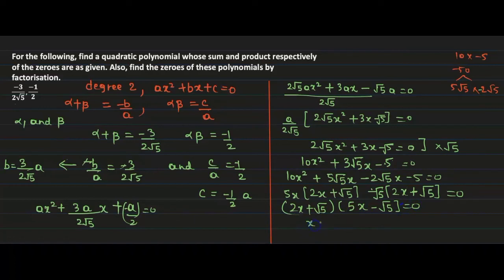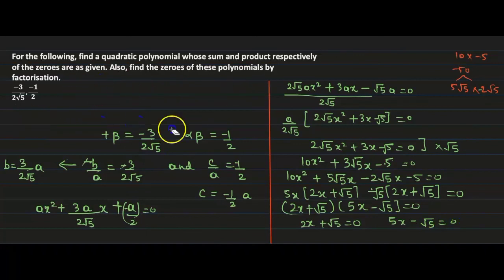So from here, 2x plus root 5 will be equal to 0, and 5x minus root 5 will be equal to 0. So from here, I can say that 2x will be equal to minus root 5, so x will be equal to minus root 5 by 2.